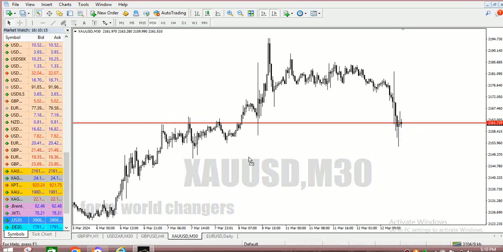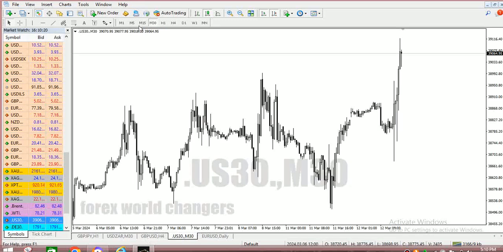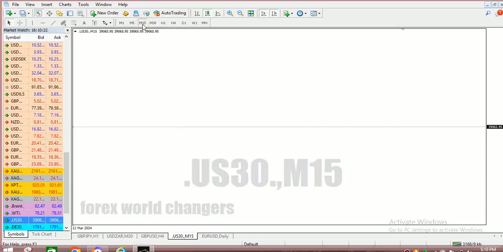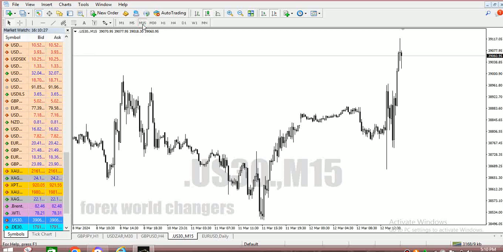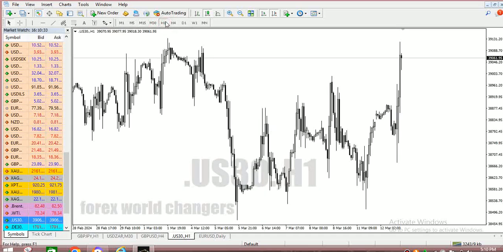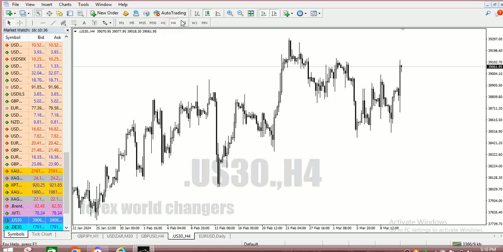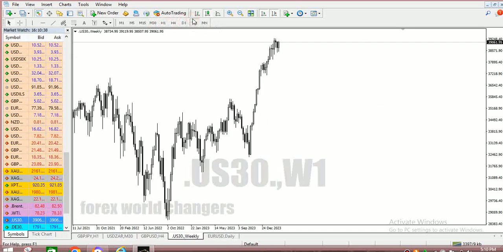So let's look at the US30. USDT, USDT going up. Okay, I always want to see the overturn.